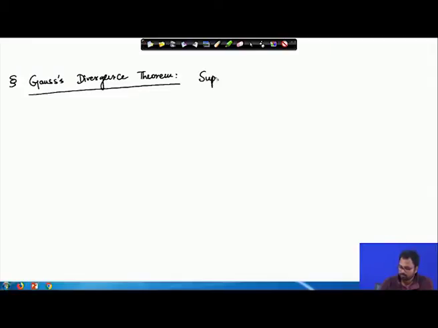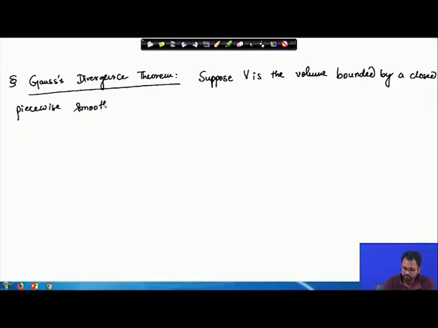Suppose V is the volume bounded by a closed piecewise smooth surface S. So, V is bounded by a closed piecewise smooth surface S.